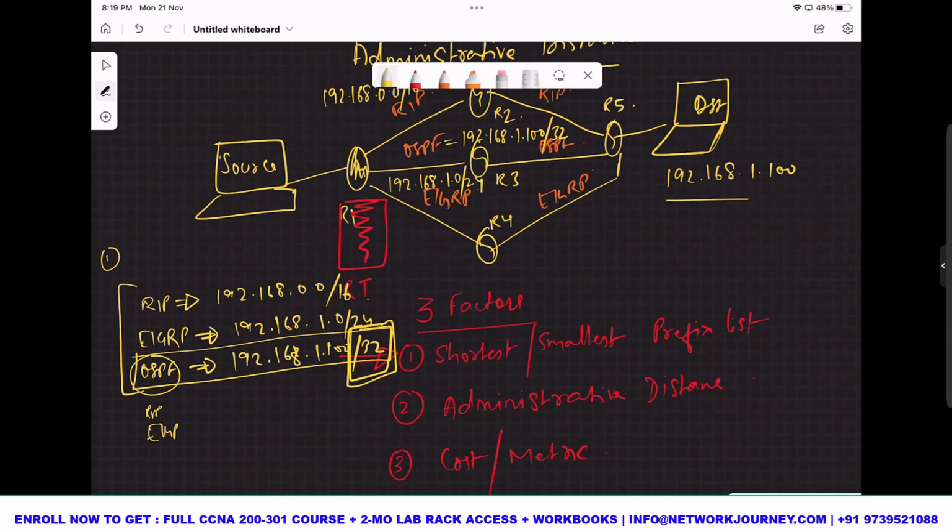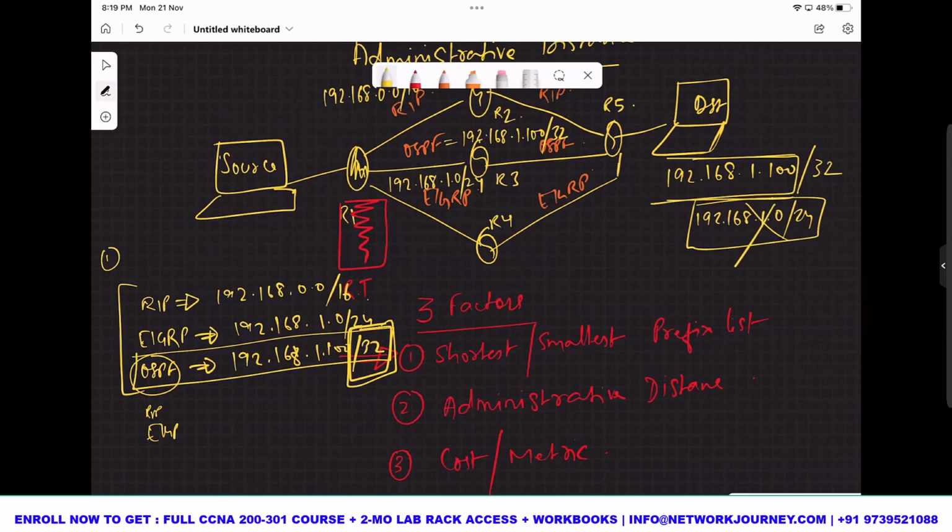So here, when you say 192.168.1.100, which is a specific IP, I didn't say 192.168.1.0/24, right? I didn't talk about a network. I am talking about a single PC. So the PC is on /32.